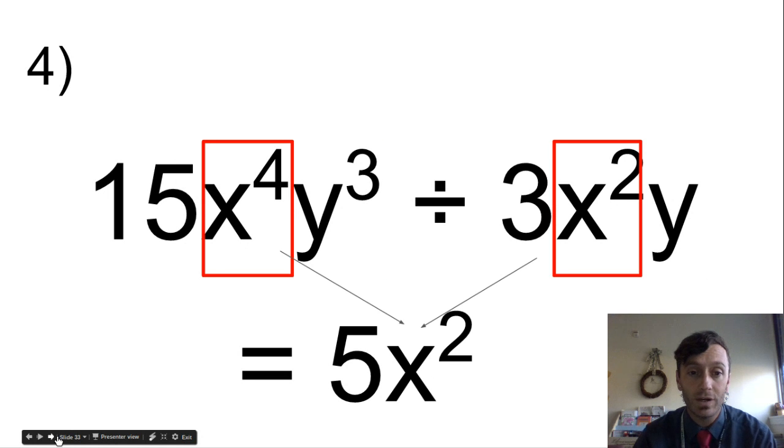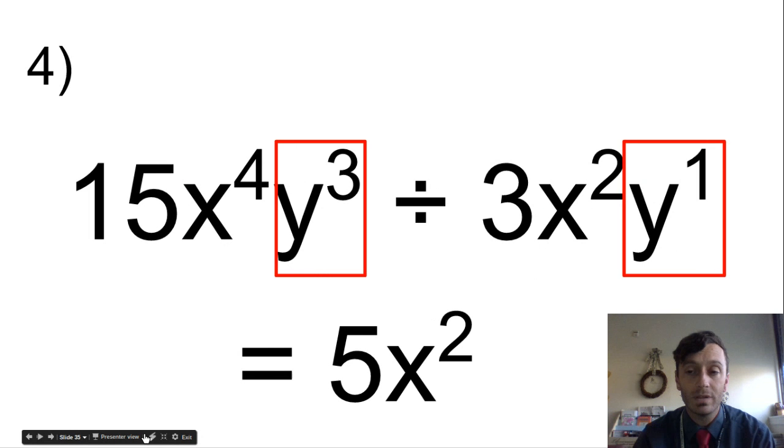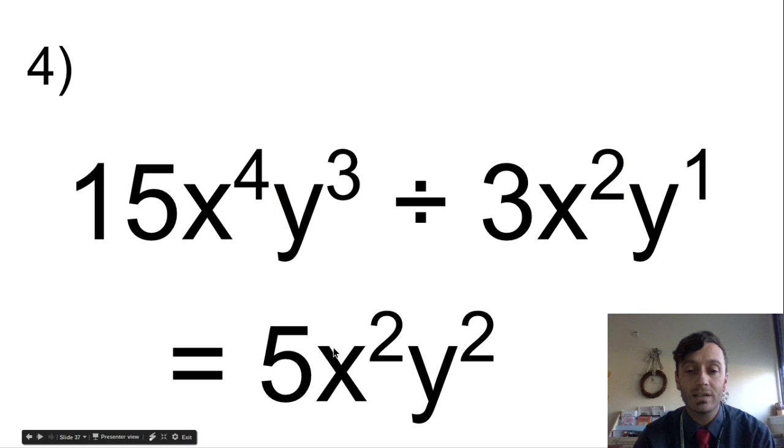Going to my next variable, I got y to the third and y. If there's no exponent on that y, what's its exponent? It's a 1. So 3 minus 1 is 2, which brings down a y squared. Giving us an answer of 5x squared y squared.